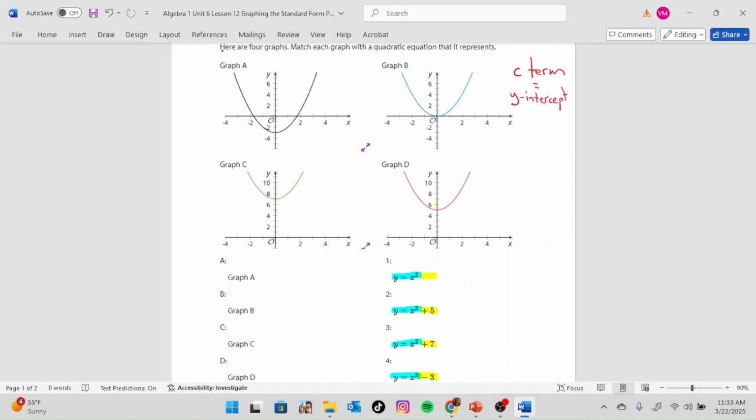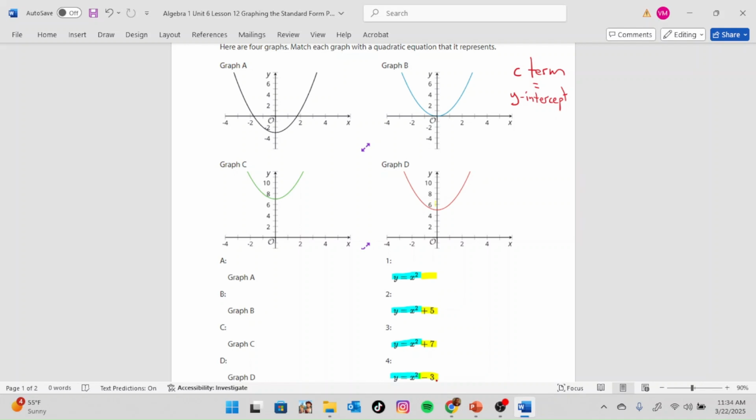And if you think about it, a y-intercept is always going to have an x value of 0. So if I put 0 in for x, then 0 squared is 0. All of the x squared terms go away, and I'm left with 0, 5, 7, and negative 3.